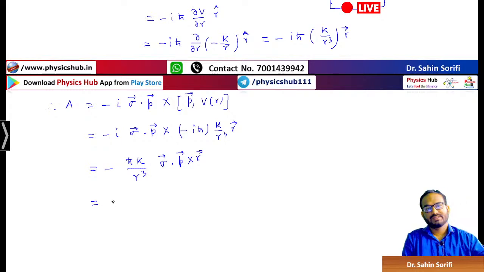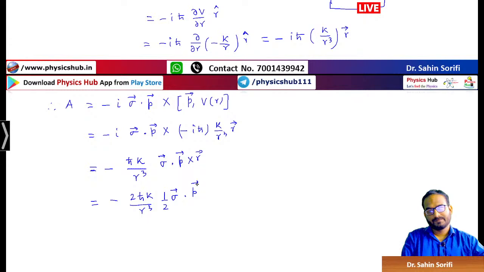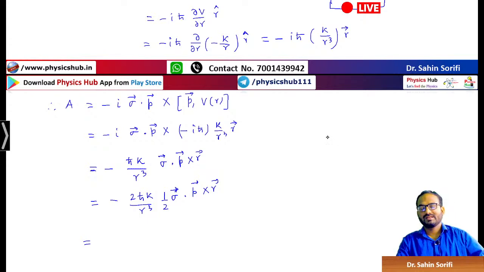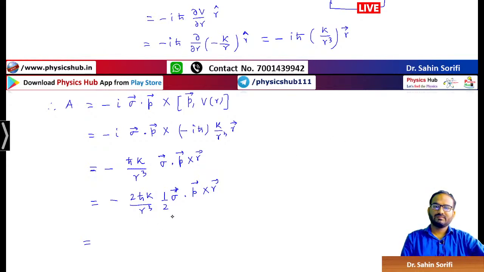So let us do one thing, let's multiply by 2, so we have to divide by 2, P cross r. Now you know the spin operator we can write as sigma by 2, isn't it? So this becomes 2ħ k by r cubed.